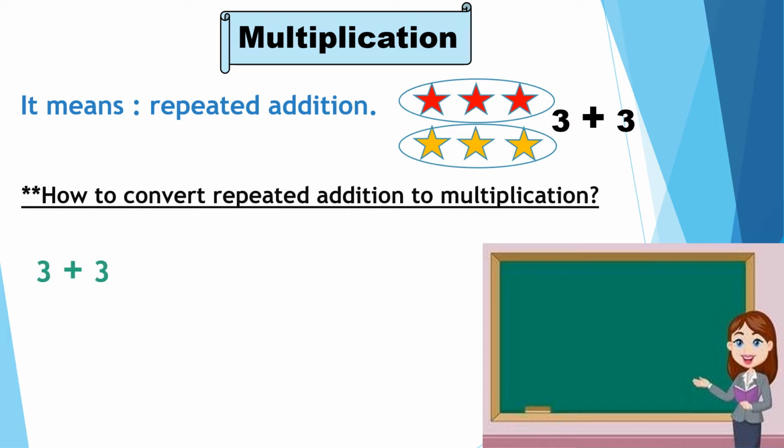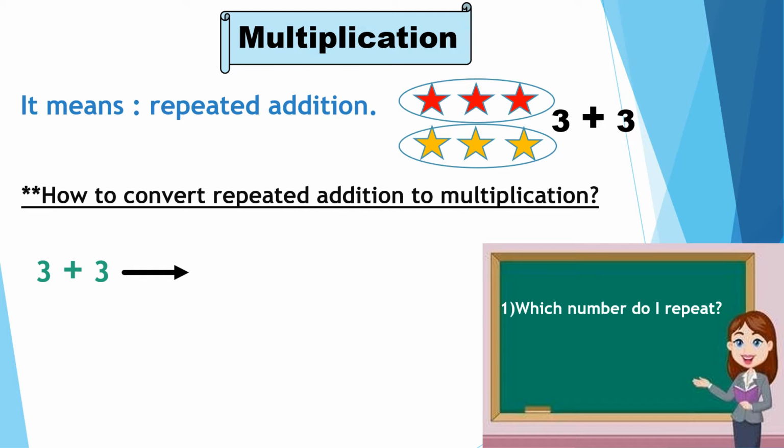We have 3 plus 3. I want to convert it to multiplication. Our teacher here will help us, and she told us we must ask ourselves 2 questions. The first question is, which number do I repeat? 3.